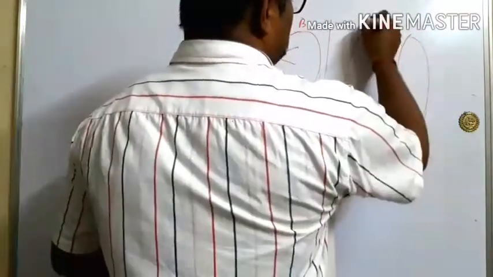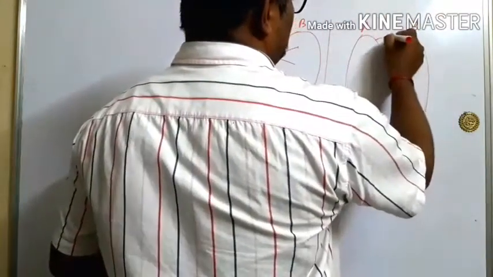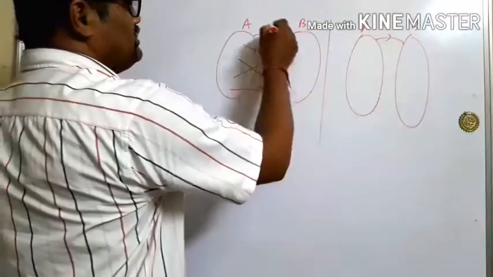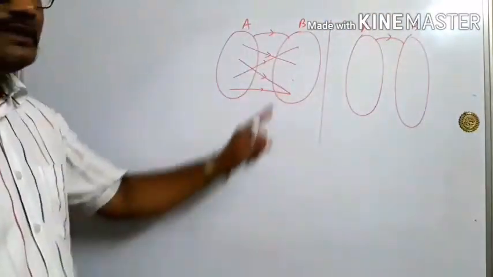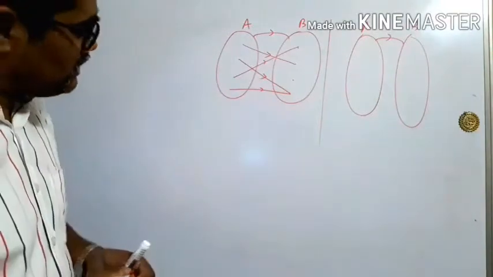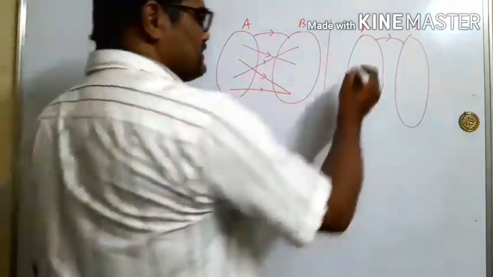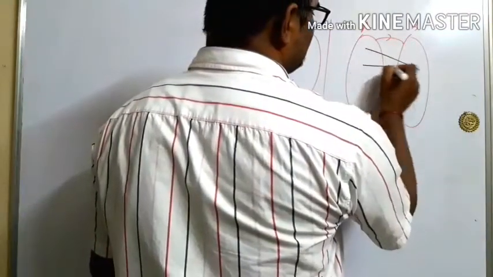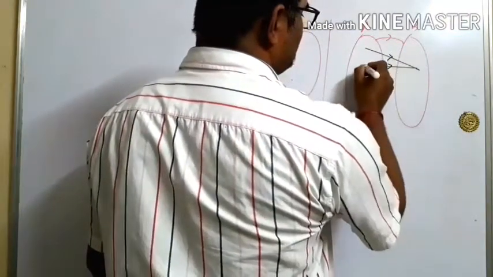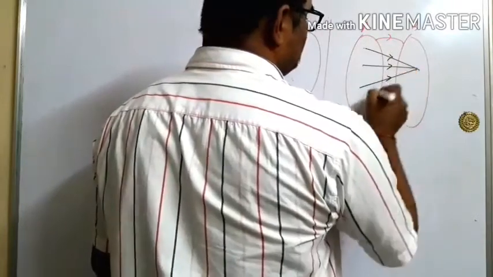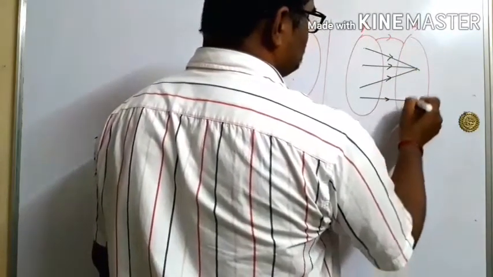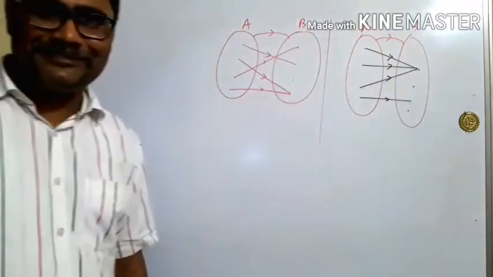One more figure we'll draw. A, B, right? We use this particular thing and we write a name also here. Now this time we are going to do this. Elements are here. Is this a function?